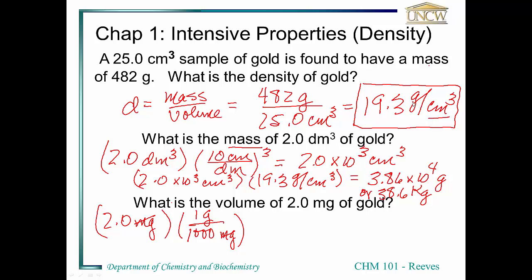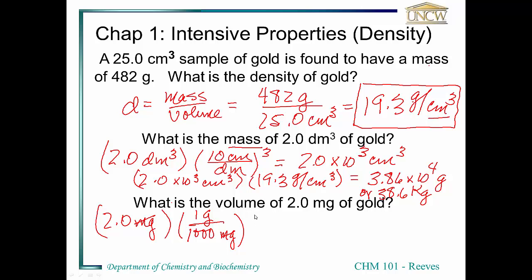So it's true that 19.3 grams is equivalent to 1 cc for gold, and it's also true that 1 cc for gold is equivalent to 19.3 grams. In other words, to say that you have 19.3 grams and to say that you have 1 cc is to say the same thing.